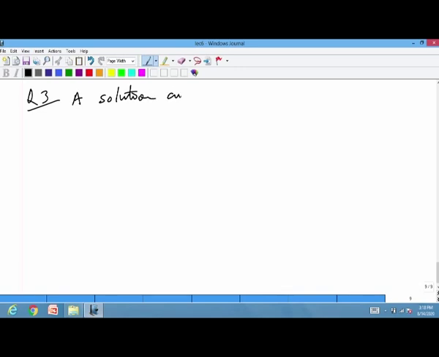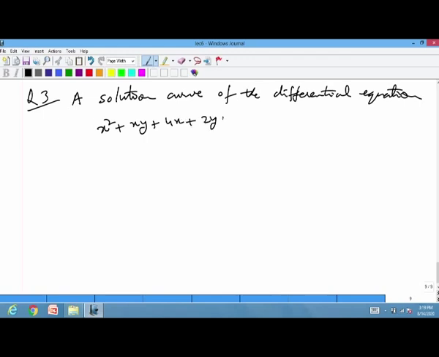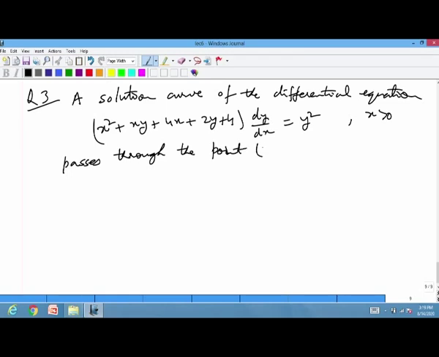A solution curve of the differential equation (x square plus xy plus 4x plus 2y plus 4) dy/dx equal to y square, for x greater than 0, passes through the point (1, 3).